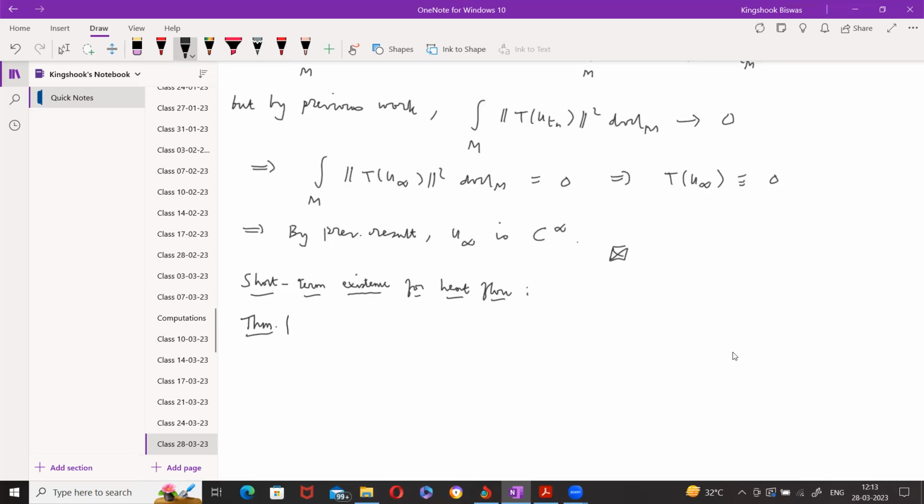For that we use what's called Nash's C infinity isometric embedding theorem. It says the following: let M be a closed Riemannian manifold.